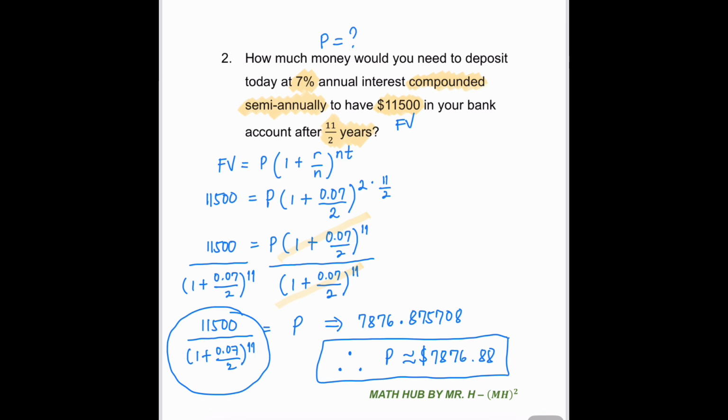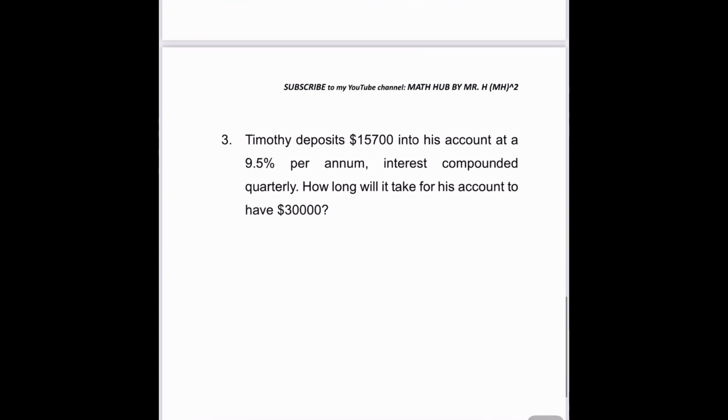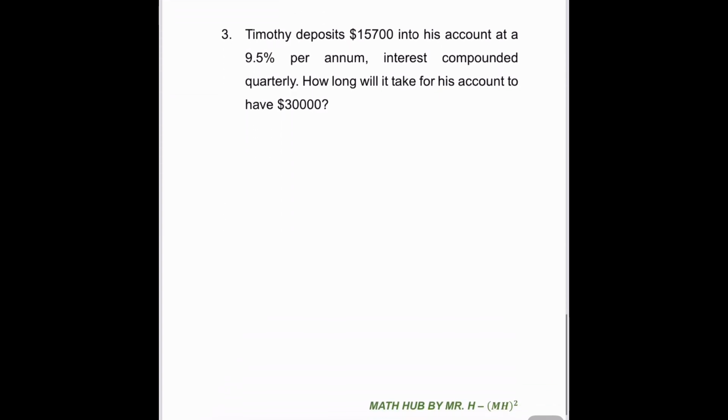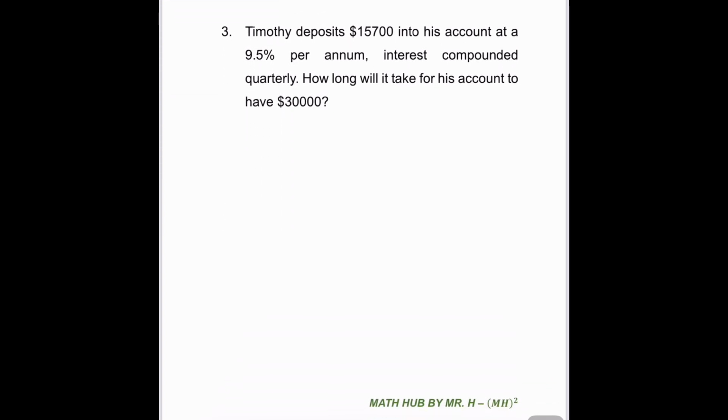All right, so you need to recall properties of logarithm. Let's take a look at question number 3. Timothy deposits $15,700 into his account at a 9.5% per annum interest compounded quarterly.